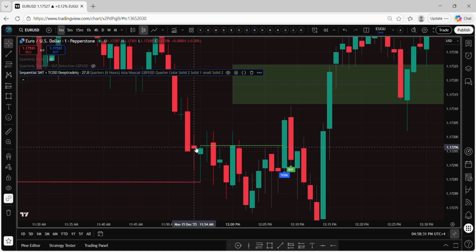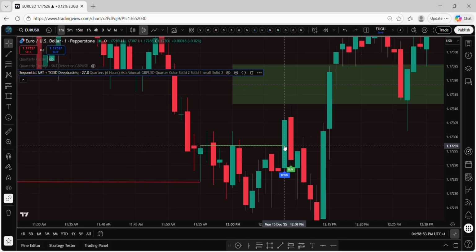As it is a bullish SMT, we need to check the last bearish candle here, this level. So when the market closes above this level, this line, actually not for this candle, this is for closing the high of the bearish candle.